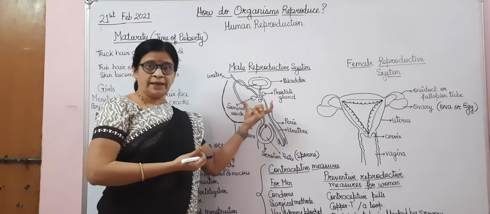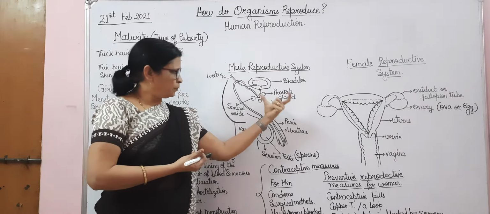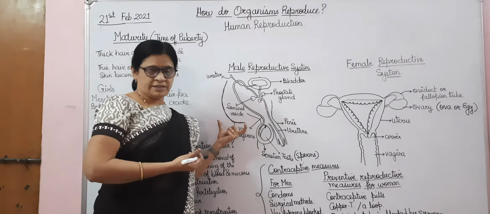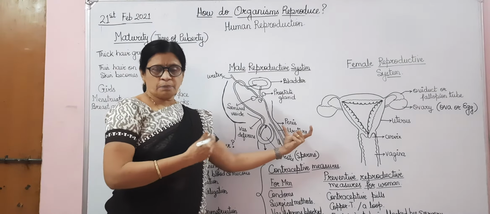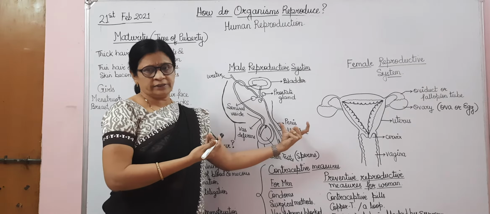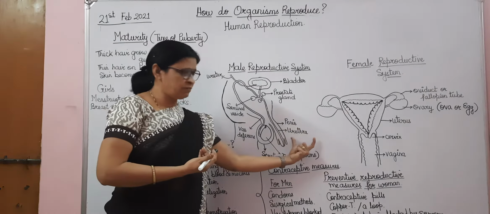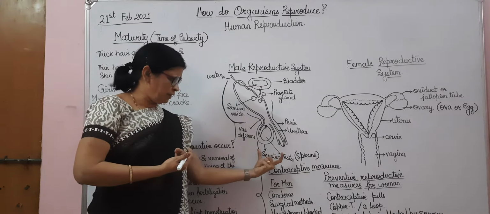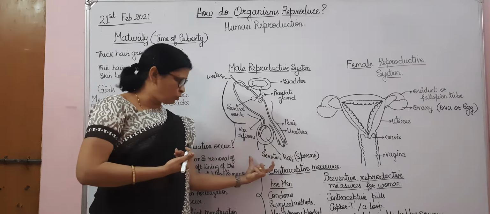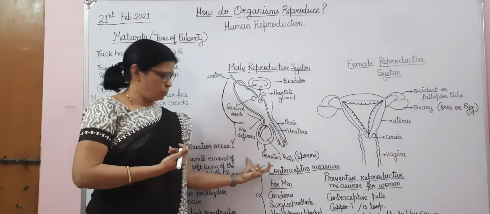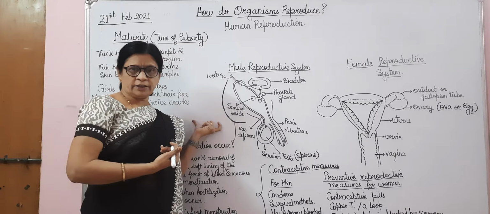Remember, you have to label the bladder, the prostate gland, the seminal vesicle, these are the two glands. This is the penis through which the sperms and the urine are given out. This is the urethra, and in the testis the sperms are stored, and this is the scrotum where the testis is present. So this is the male reproductive system.